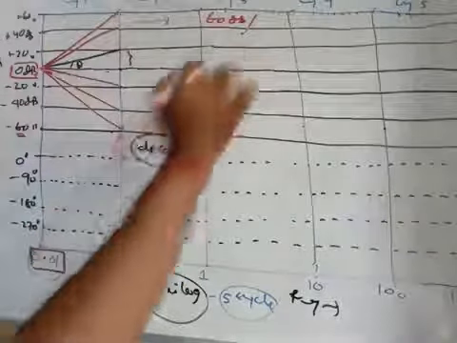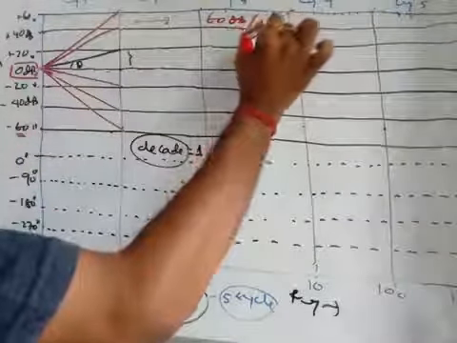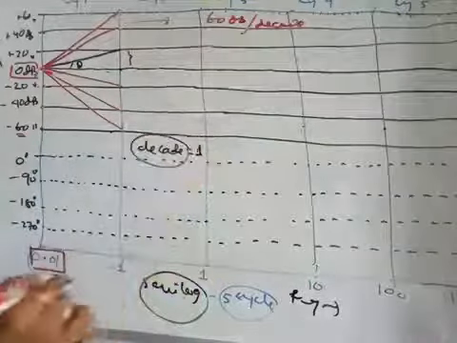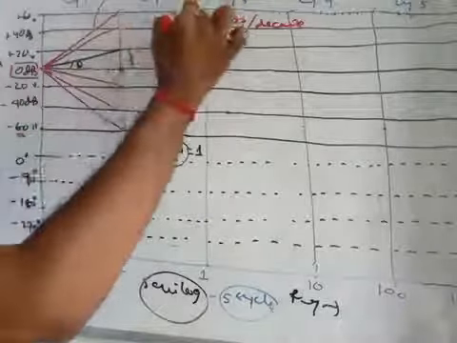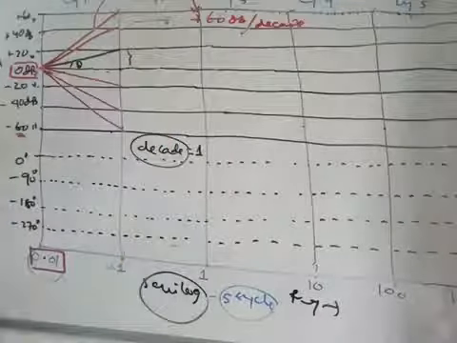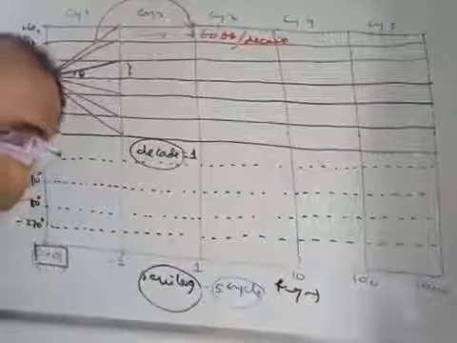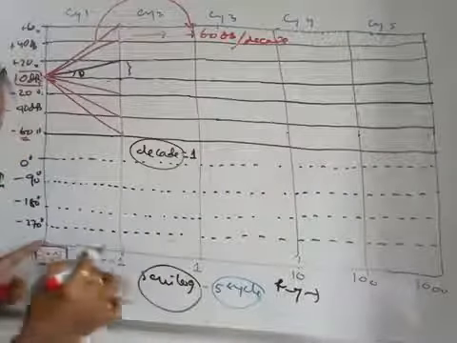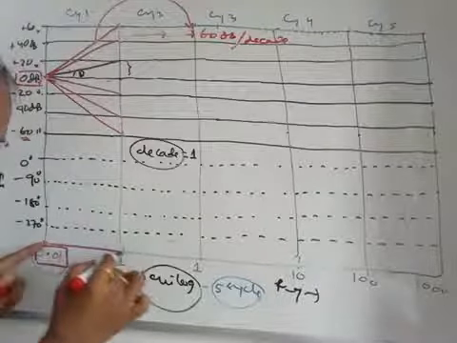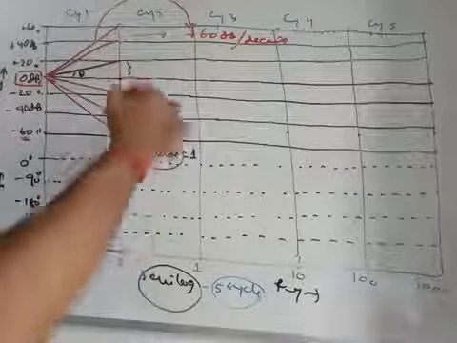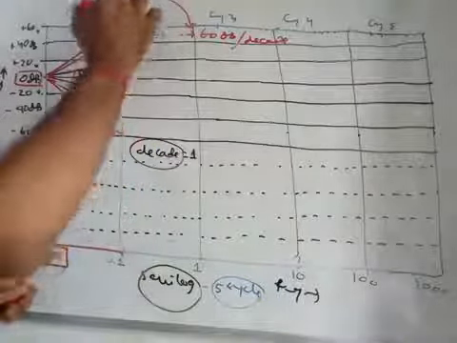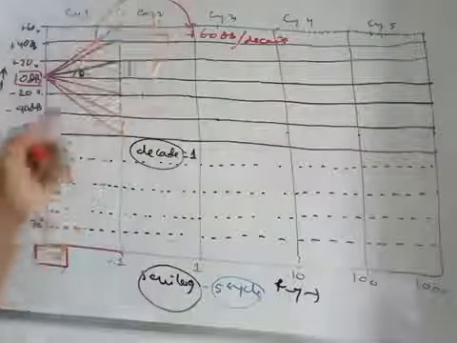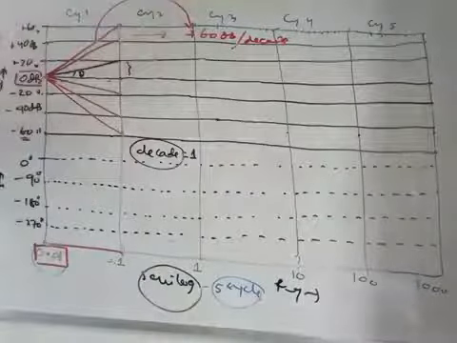What is the change of frequency? 1 decade. Change of frequency is 1 decade. That means what is the slope of this line? This is plus 60 dB per decade, right? That means for a unit decade change on the x-axis, that means frequency, the change of magnitude from 0 dB to 60 dB is the change of magnitude. So that slope corresponds to plus 60 dB per decade.